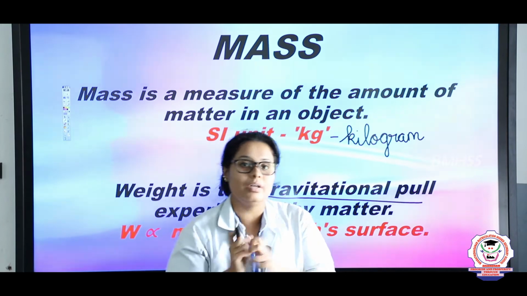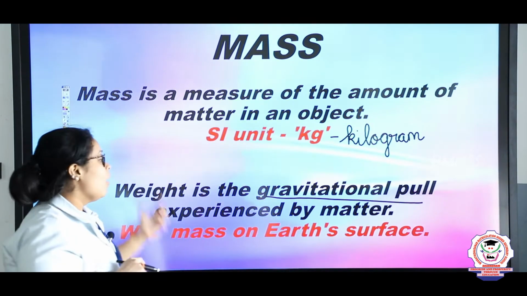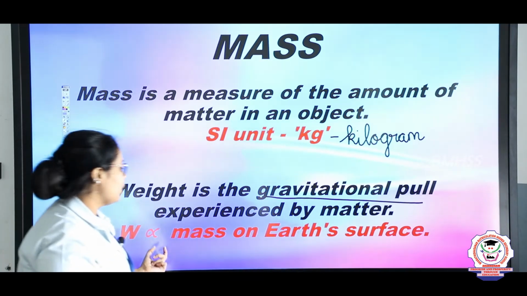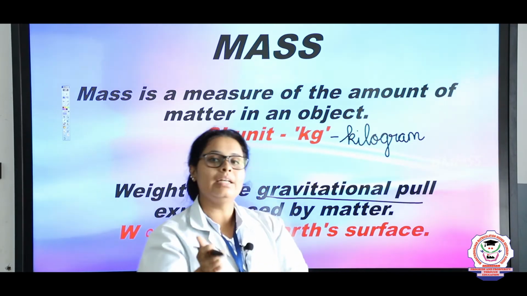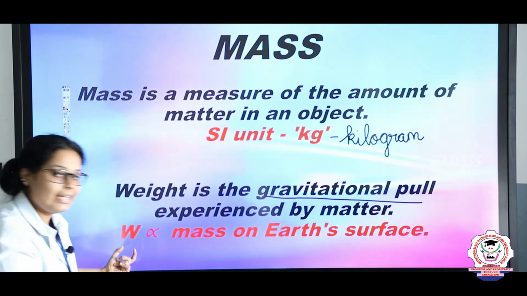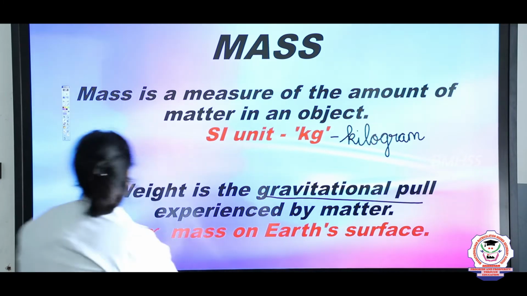That is why it's called the weight. If we want to find the weight, we multiply the mass by the gravity on the surface of the earth, and we get the weight. Same way, weight is directly proportional to the mass on the surface of the earth, right?